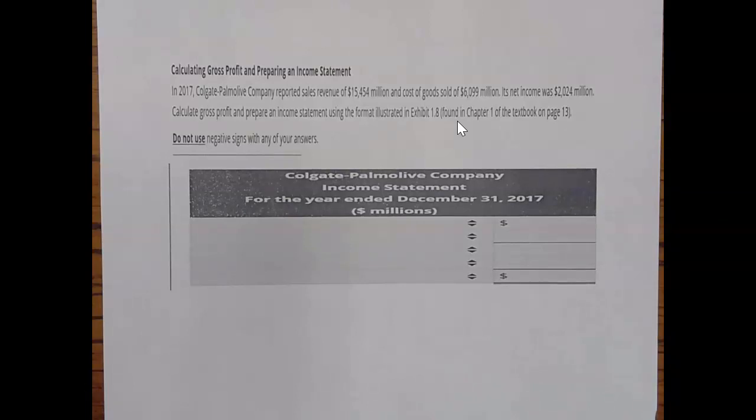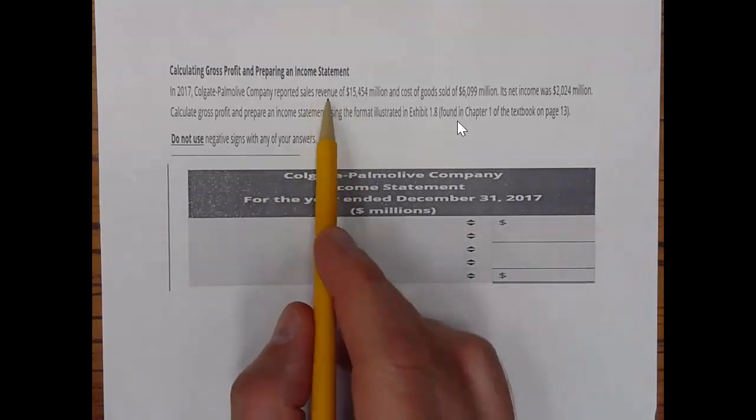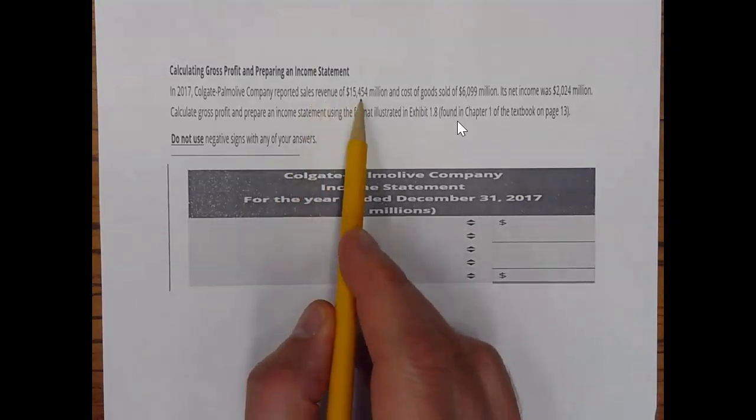Okay, so we have our income statement heading. I guess we do have to calculate net income, but this is a very, very abbreviated item. So one thing we want to understand is that revenues come first. They tell us that sales revenue is $15,454.